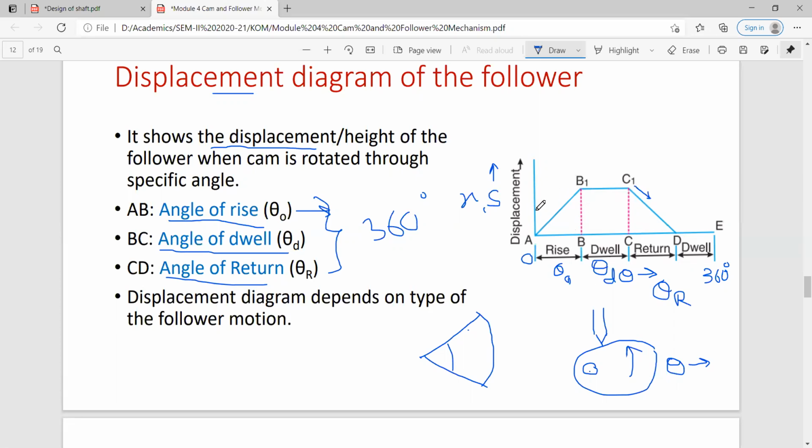Should I draw it as a straight line, or like a parabolic curve? It depends on which kind of follower motion you want to adopt for your purpose. We will see those in the next topic.